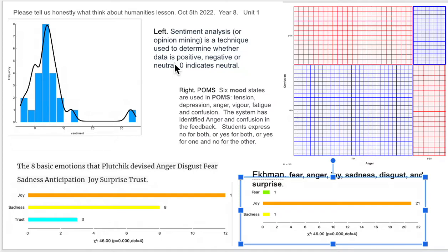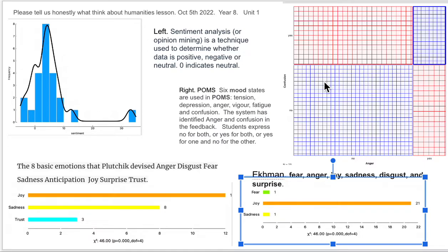POMS looks at a different range of emotional states, and what we've used here is we've plotted two of the dominant emotions that POMS has identified in the lessons. The emotions that it can identify are tension, depression, anger, vigour, fatigue and confusion.